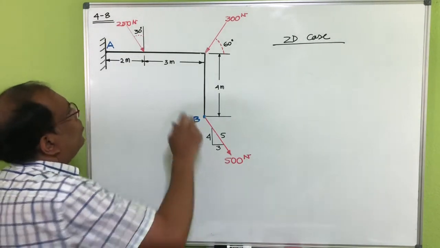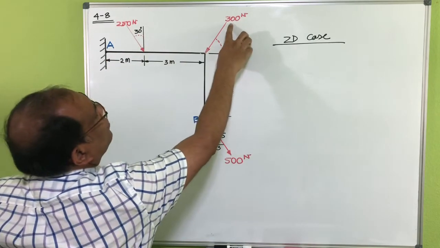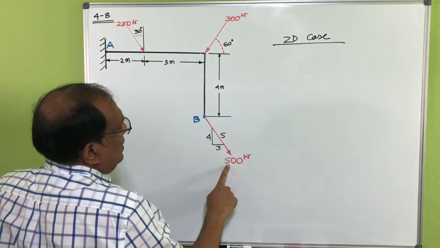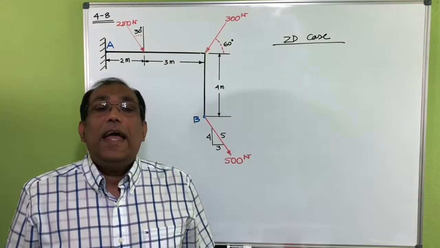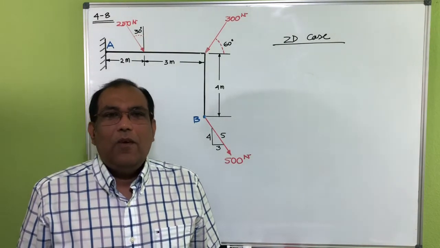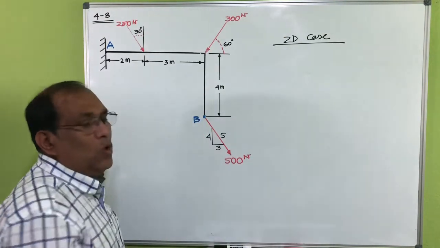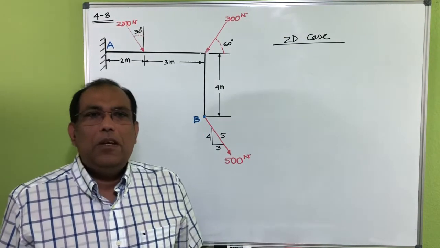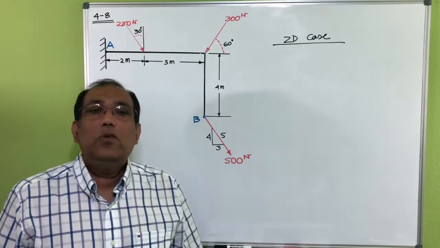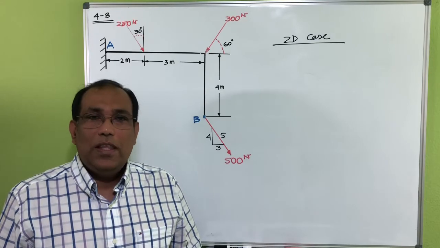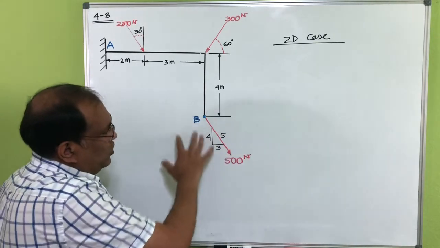You can see one force here 250 Newton, the other force is 300 Newton, and this is 500 Newton. I have to find out the moment at point B. Now basically you can see that this force is actually going through point B. So the perpendicular distance from B to the line of action of this force is equal to 0. So in the moment you don't have any effect of this force here.